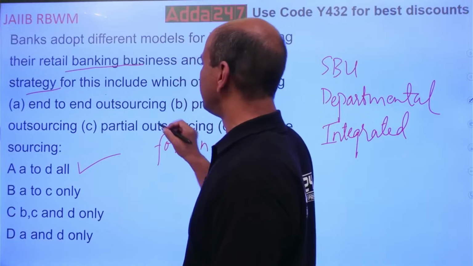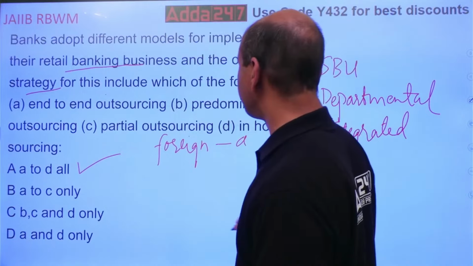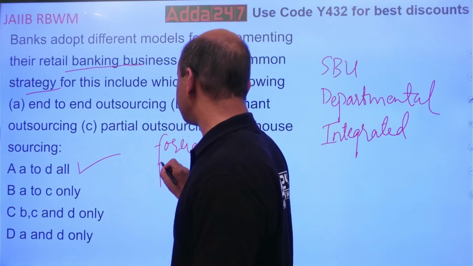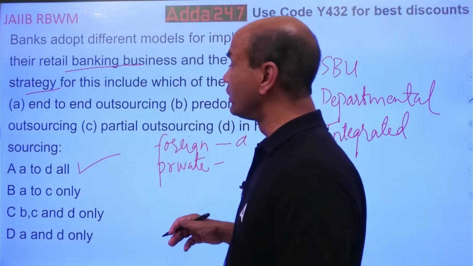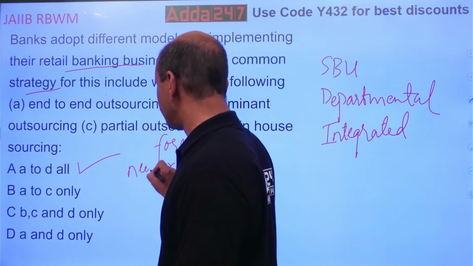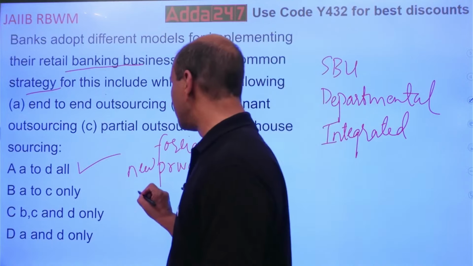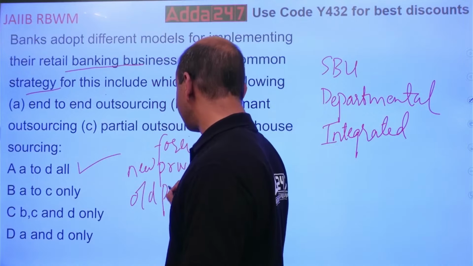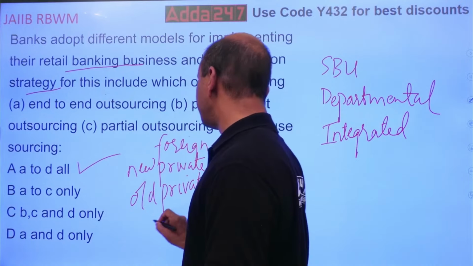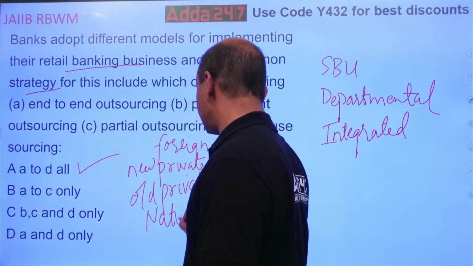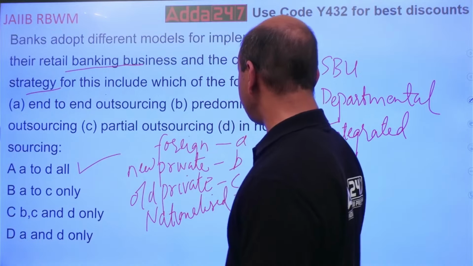Foreign banks will follow A. Okay. Predominant outsourcing. This will be followed by Indian private banks. You can call it new age private banks. New private will follow B. Partial outsourcing. Old privates. They'll follow this C. And nationalized banks will follow D. Okay.